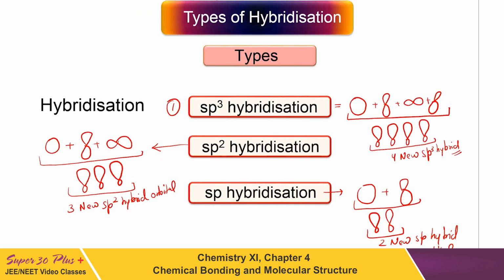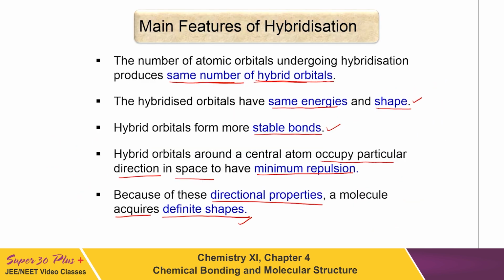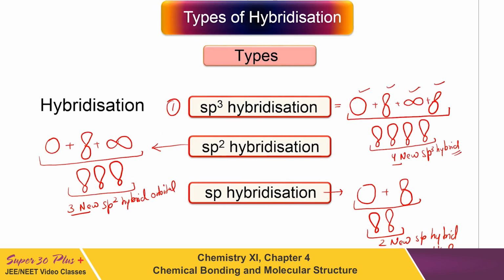Now you see, when 4 orbitals participated, they formed 4 new orbitals. When 3 participated, they formed 3 new orbitals. And when 2 participated, they formed 2 new hybrid orbitals. Like I said, hybrid orbitals have the same energy and shape. You see, these 4 hybrid orbitals have exactly the same shape.